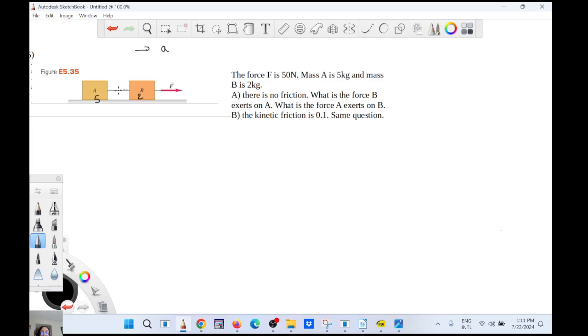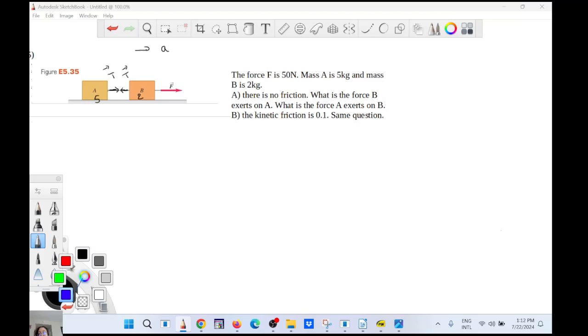So you see B has to pull A. And according to Newton's third law, A has to pull B. So that also answers one question here. There has to be the same force, A on B and B on A. Now you see that F has to pull both B and A. That force here is only pulling A. But everything here has the same acceleration.